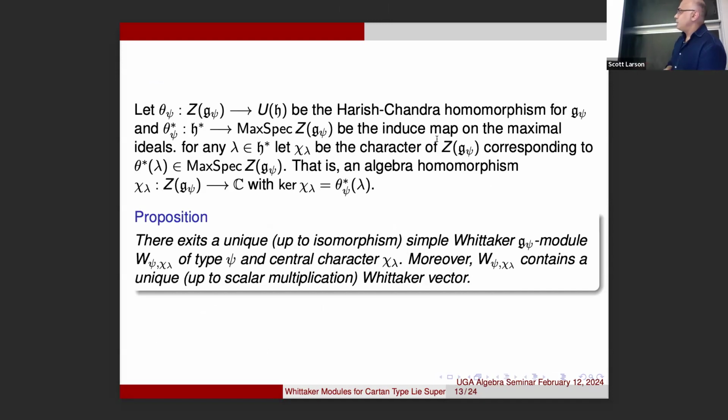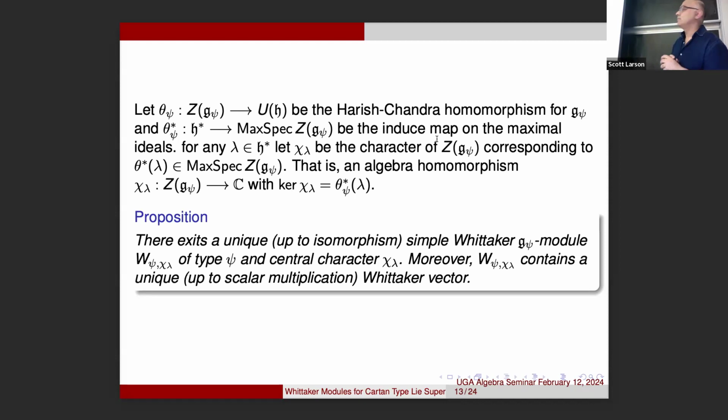You can show that, if you fix psi, up to isomorphism there is a unique Whittaker module with central character lambda, which I'm denoting W psi chi lambda. He uses a different notation. These are called standard Whittaker modules. This basically follows his proofs with slight modifications.